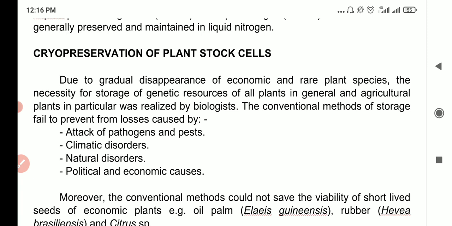So you should be able to preserve these seeds, these tissues, these parts of a plant, which will be like a vault, like a second security password, which will ensure that it will never be lost.